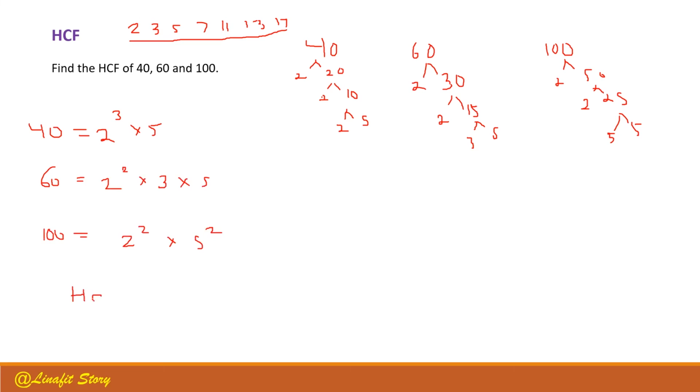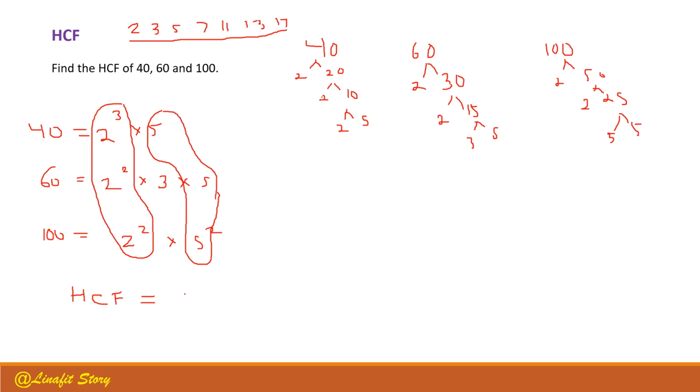So to find the HCF of 40, 60, and 100, we must find the common factors. The common factors are 2 and 5. And remember, when you are finding the HCF, you must choose the common prime factors with the smallest index.